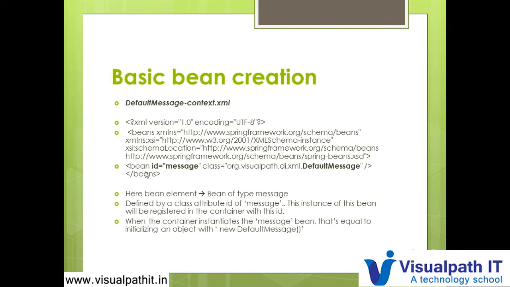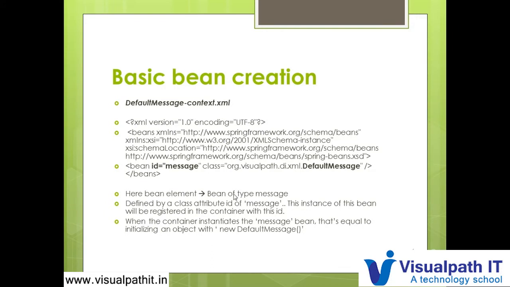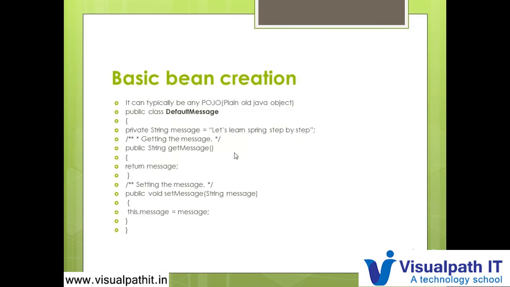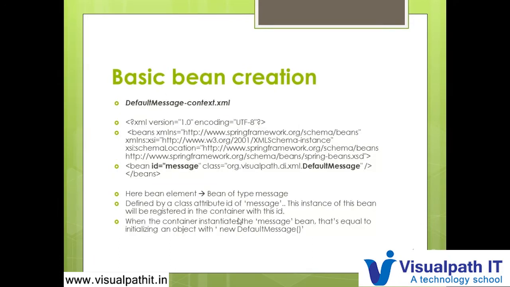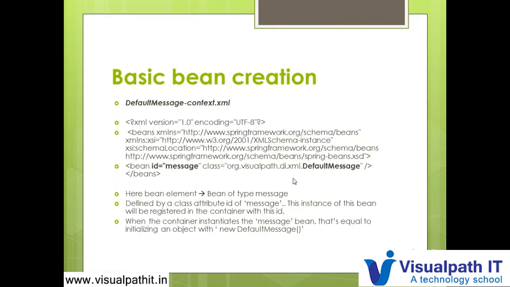So what is bean here? It is an element of the type message. What is the attribute ID of message? The attribute ID is message. That is what we are passing here. It is injected from this DefaultMessage context.xml into this Java class. Here this is the class DefaultMessage, so that class name is specified here.